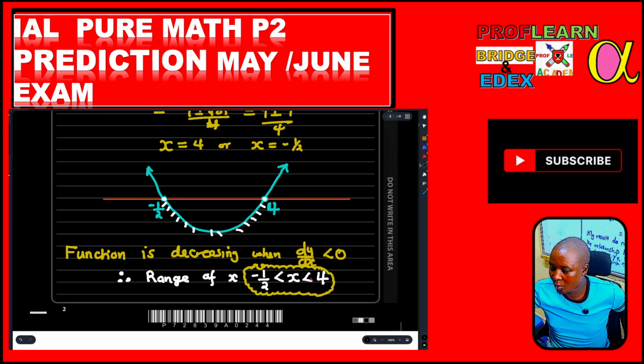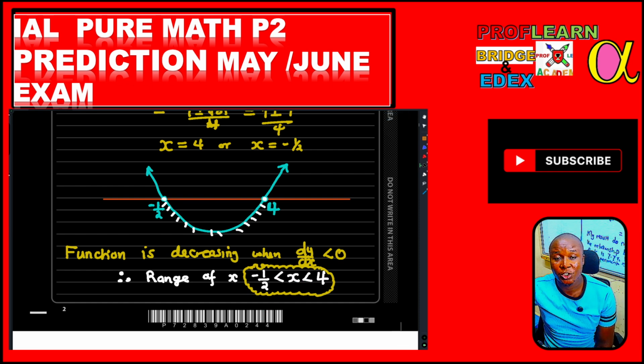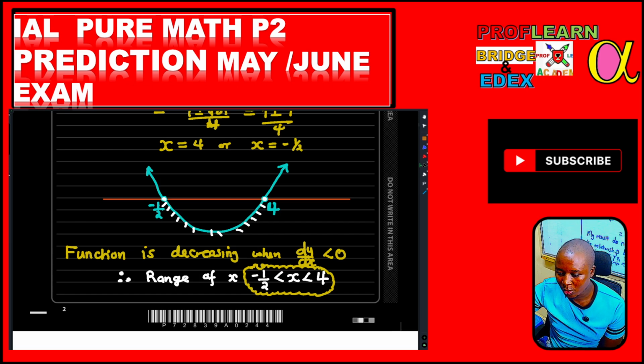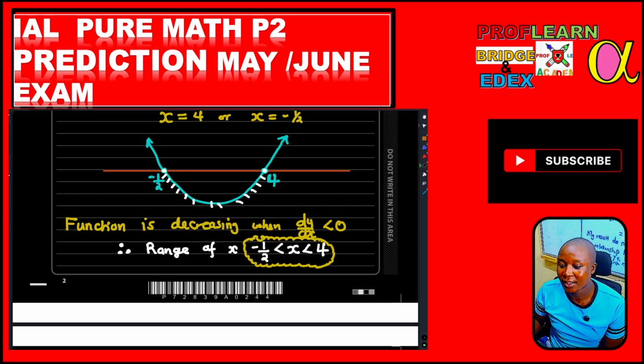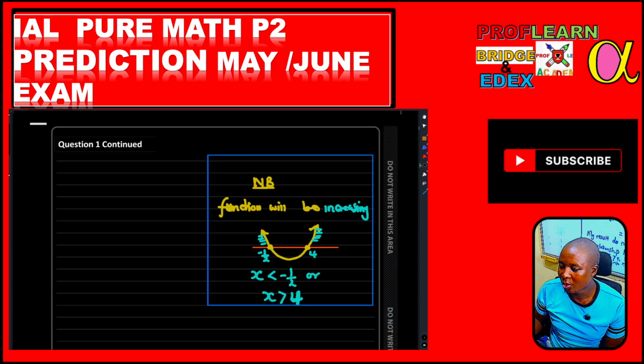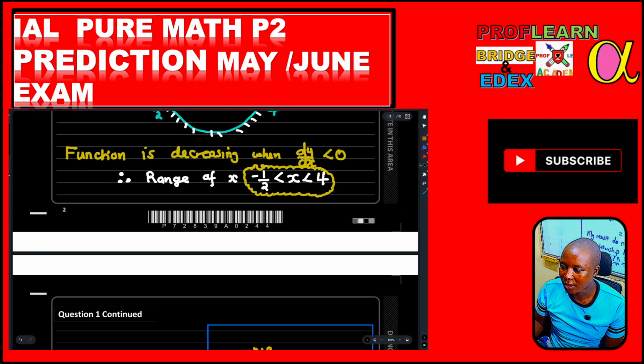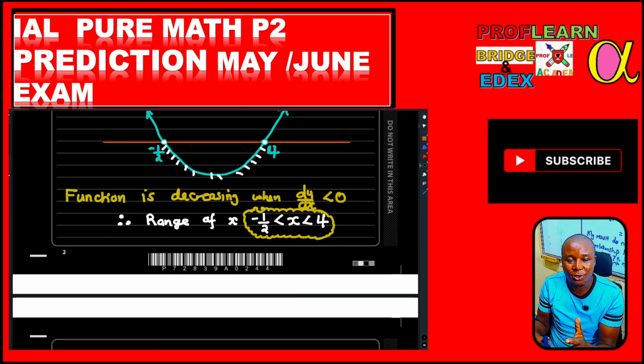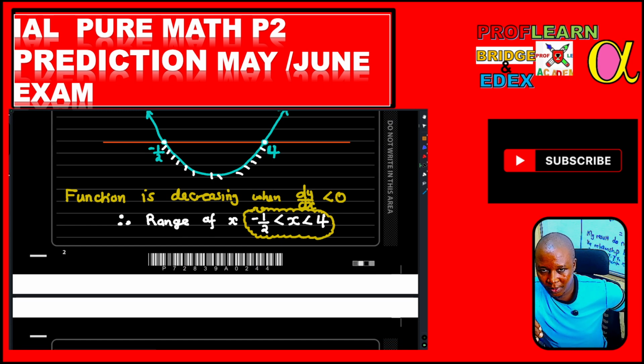So basically that's what you do whenever you are trying to check whether a function is increasing or a function is decreasing. Okay, now we need also to go further. If the function was increasing, how are you to give your answer? You see the way we have given our answer, because we don't know exactly which type of question will be asked.